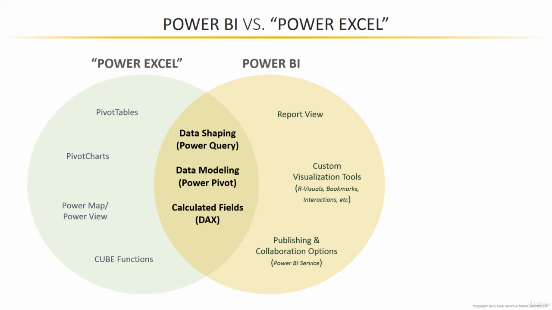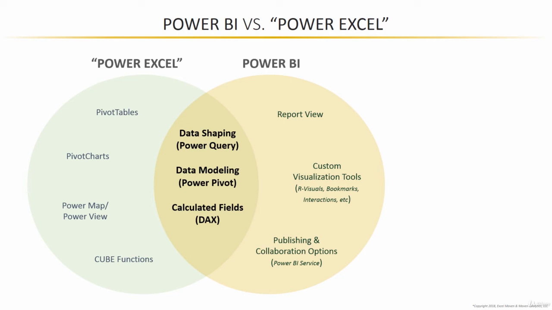So here's kind of what it looks like in summary. You've got these Excel-specific tools on the left, like pivot tables, pivot charts, Power Map, Power View, and Cube functions. And then shifting over to the right side, you've got the report dashboard views in Power BI that don't exist in Excel. You've got those custom visualization tools that we've been talking about, as well as the publishing and collaboration options available through Power BI Service.